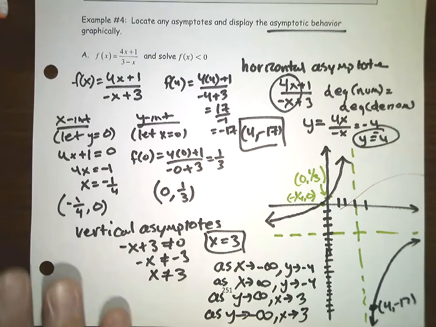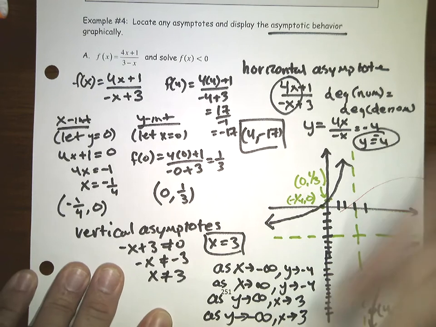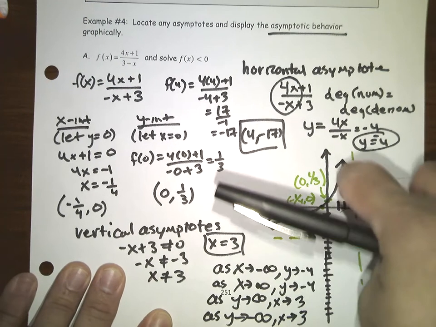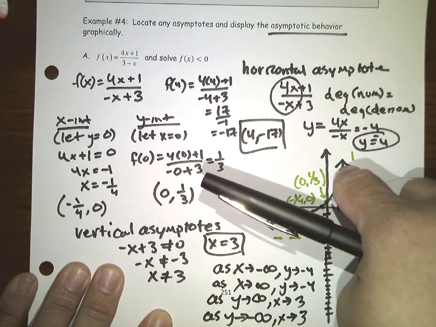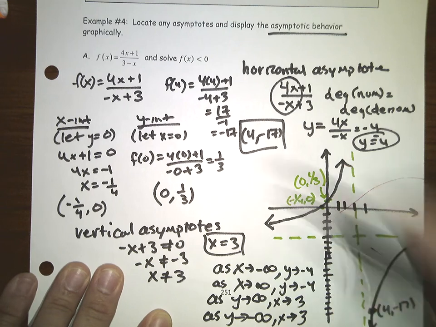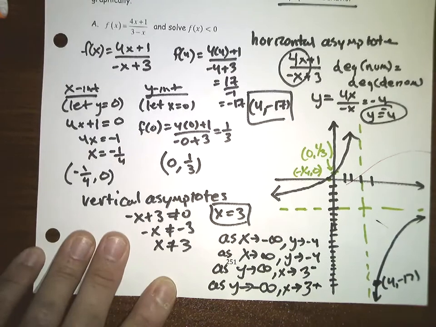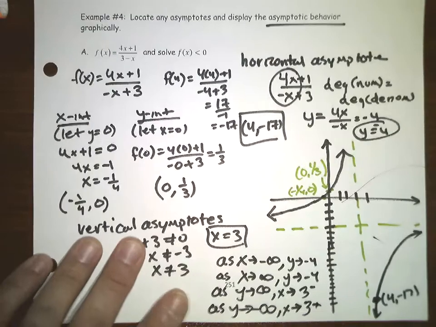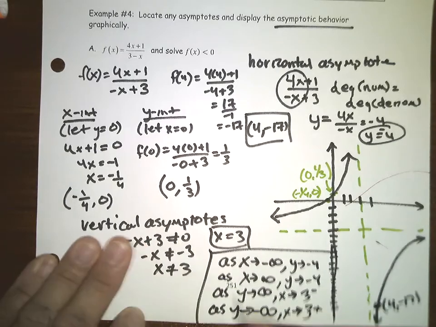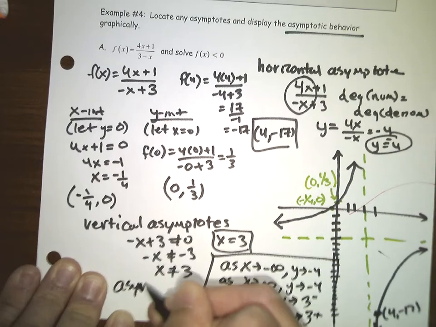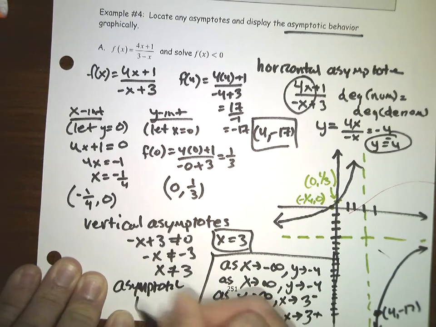So this is actually 3 from the left, and this is 3 from the right. So if you want to make sure that you're clear, 3 from the left and 3 from the right. All right, so keep that in mind, that this is what they mean by the asymptotic behavior.